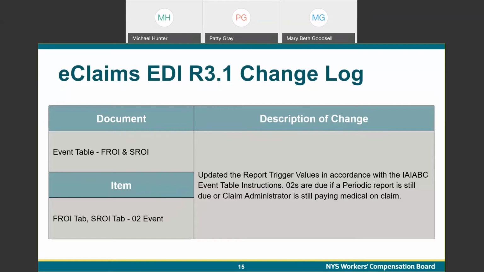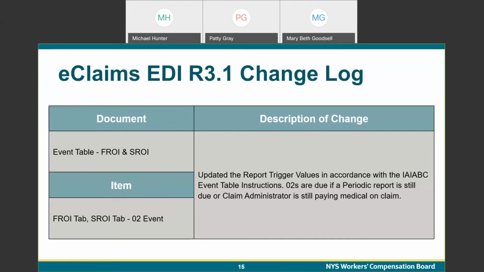We just want to point out that it is important that you continue to file the 02s while you're paying the claim. One of the reasons for that is based on the drug formulary and the medical treatment guideline process. An example would be if the claimant address changes, a FROI 02 is required to update the DNs associated with an employee mailing address.